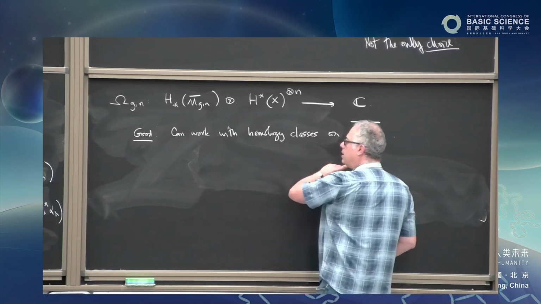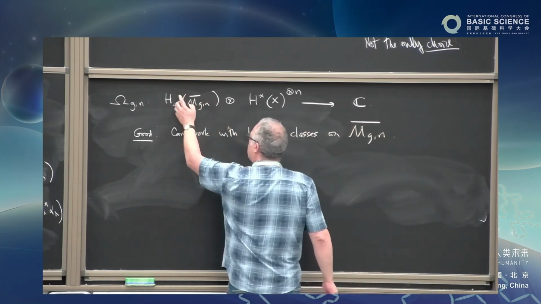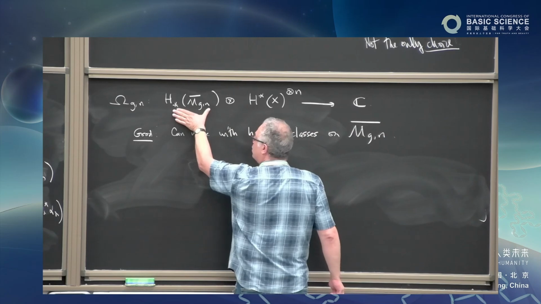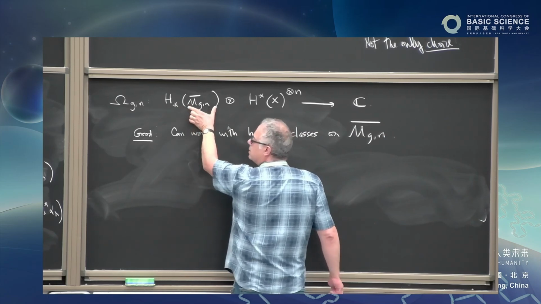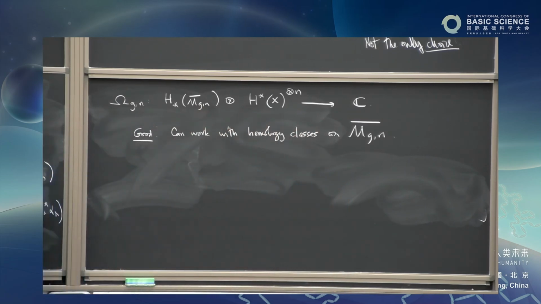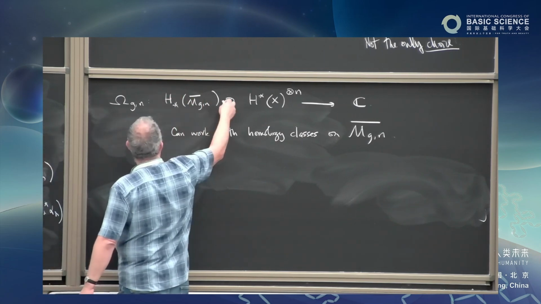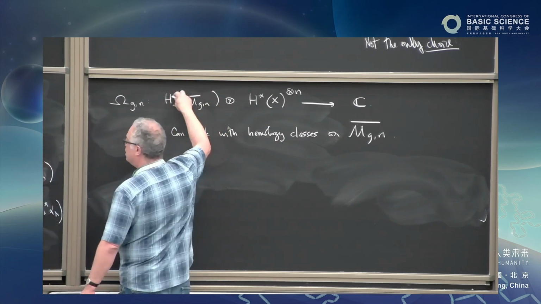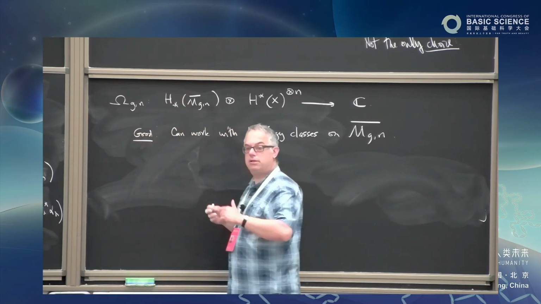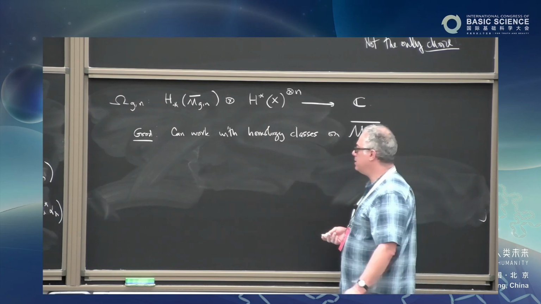So you'll see in a minute that this is, in fact, the ultimate goal of what we want, because this is a compact space. We can then integrate on it down to a point. So since we have a homology class and this space is compact, we can basically integrate against the fundamental class of M_gn bar. So M_gn bar has a fundamental class. That's a good thing.